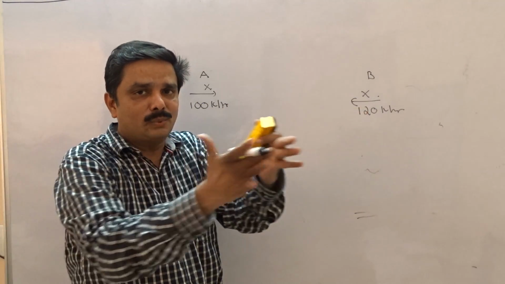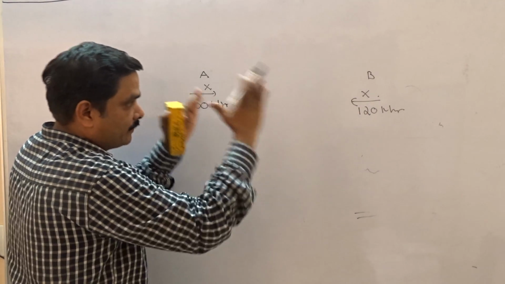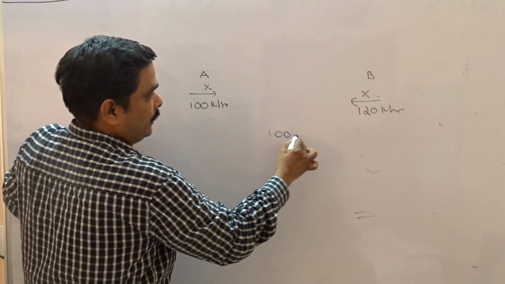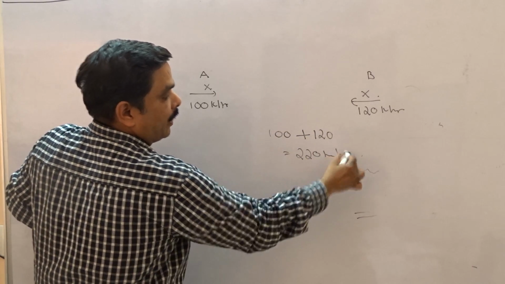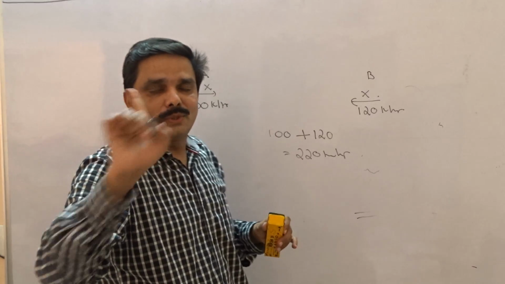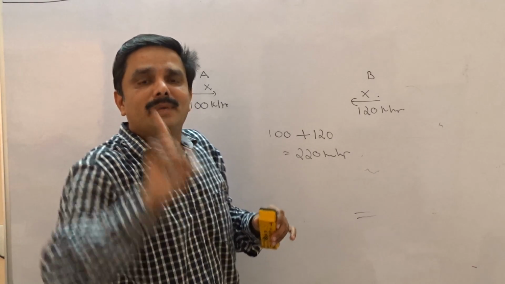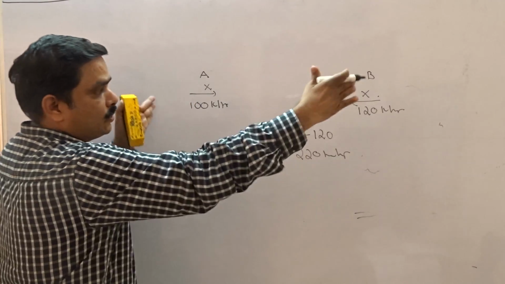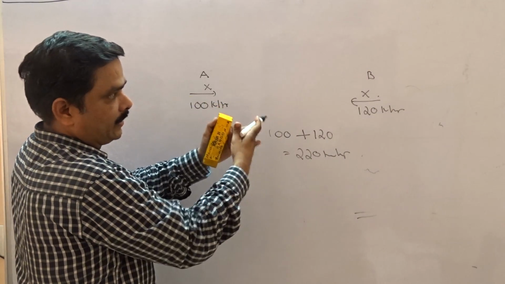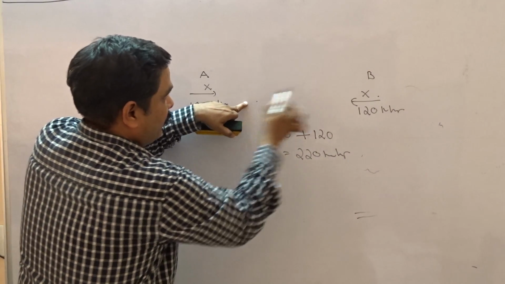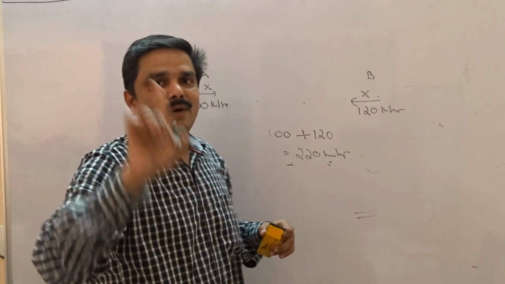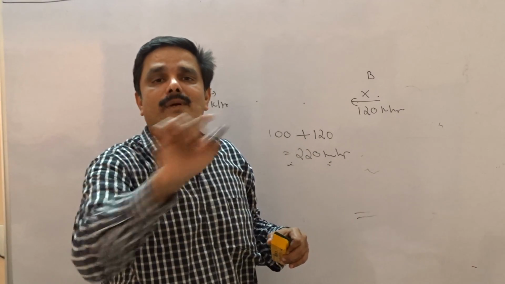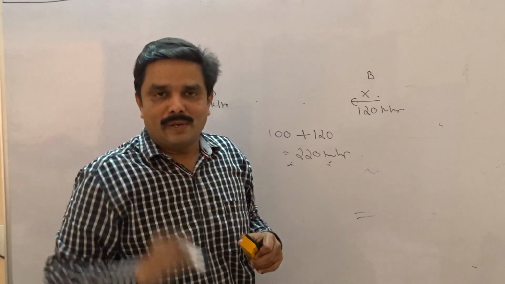The relative speed will be 100 plus 120, that is 220 kilometers per hour. It means in 1 hour, both trains together in the opposite direction travel this 100 plus this 120, 220 kilometers, by two objects, two trains in this case. Hope you got the idea.